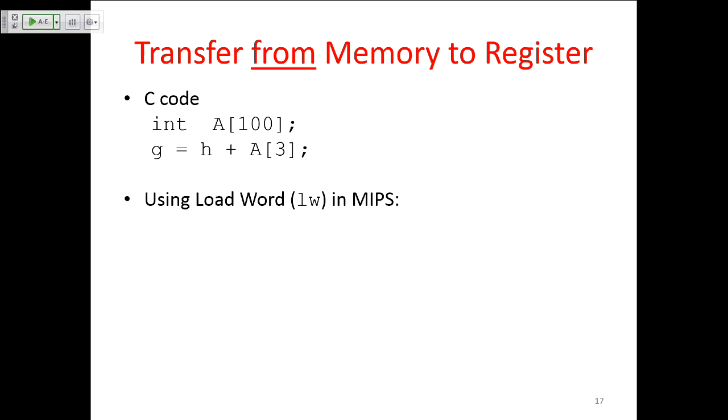So we're going to use LW, which is shorthand for load word in MIPS. The way we're going to use it is in this format. Load word, $t0 is going to be our temp register, and this register will get the value A[3]. Here's how it will get it.